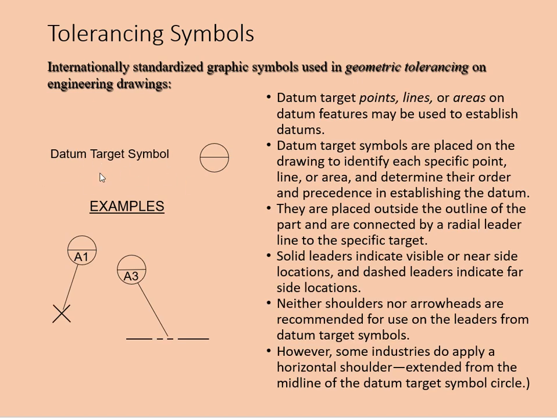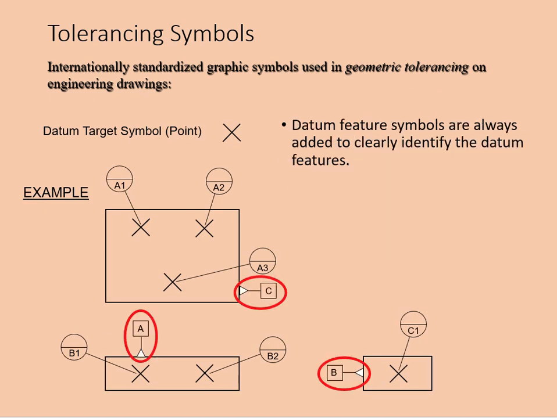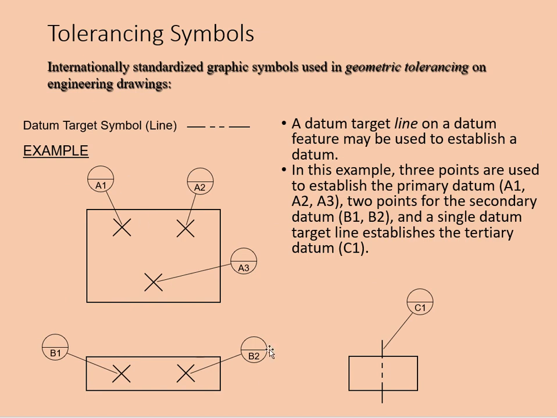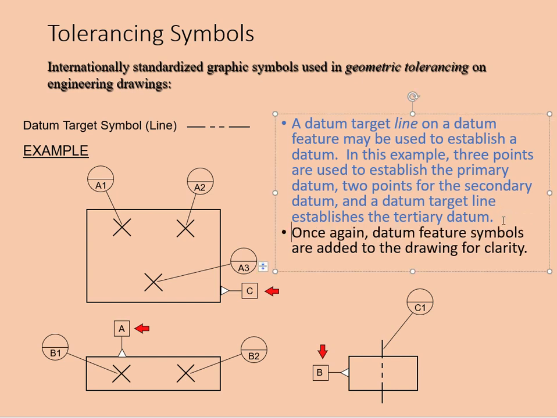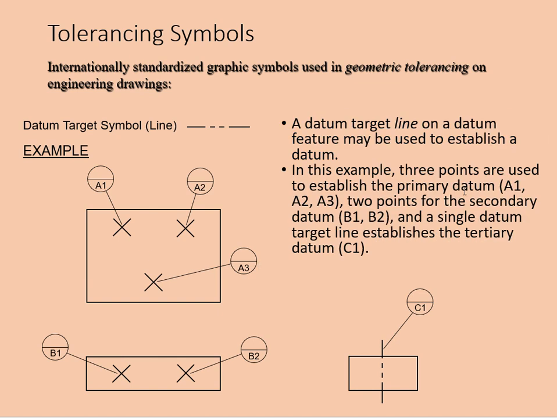This one is also a datum target symbol: line or point, point, point, line. The last one is a line, and we can put it this way. Once again, your datum feature symbols are added to the drawing just for clarity. We say this again and again.